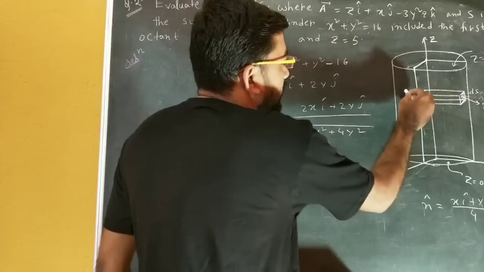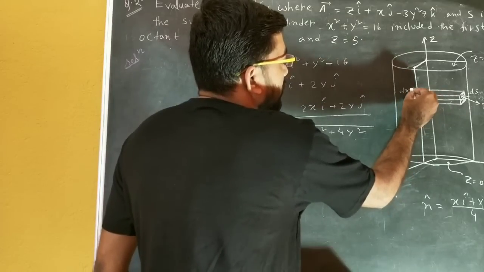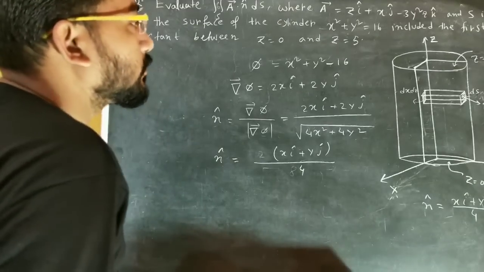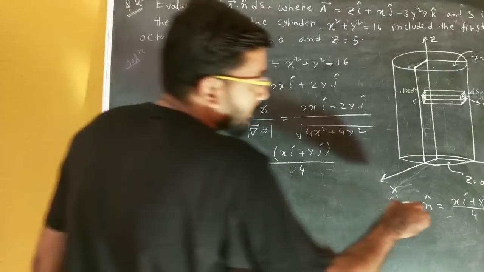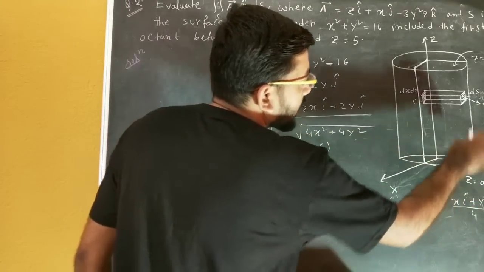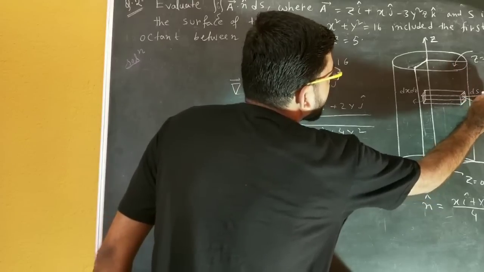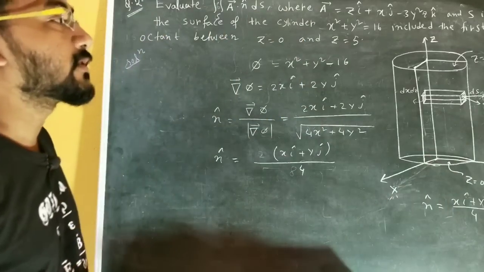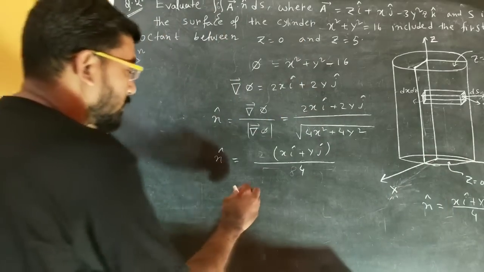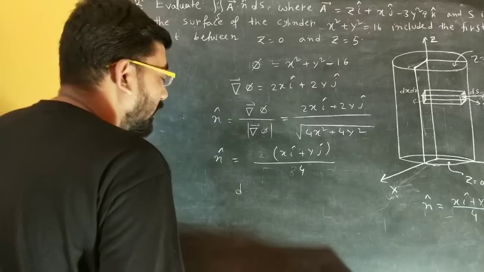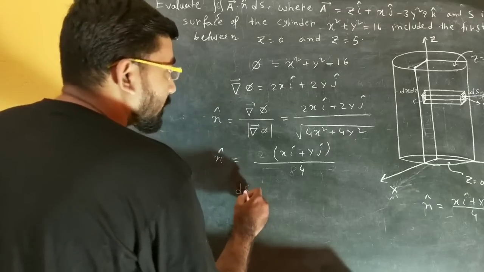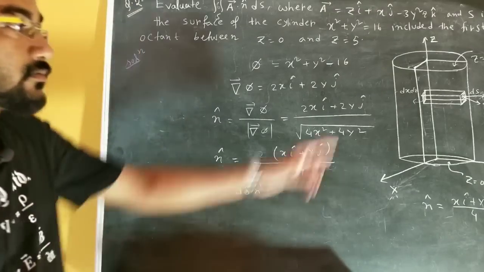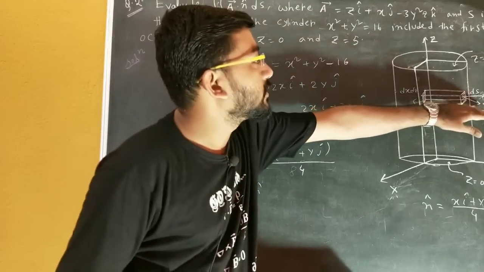This is the xz plane, so it will be dx dz. The unit vector along the y direction is j cap. So what will be your projection? The projection of dS n cap along j cap, that means along this direction.